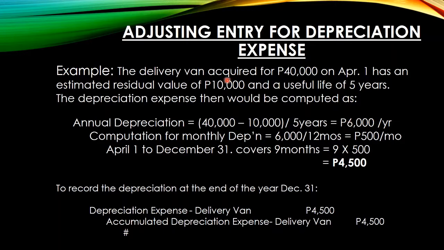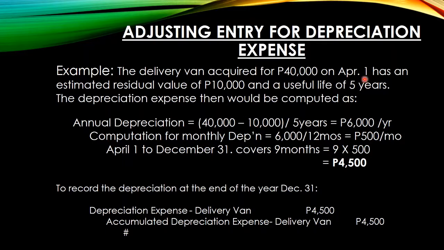So, we know that 6,000 pesos is for one year. If we divide it by 12 months, because there are 12 months in a year, we have 500 pesos per month. So our monthly depreciation is 500 pesos.